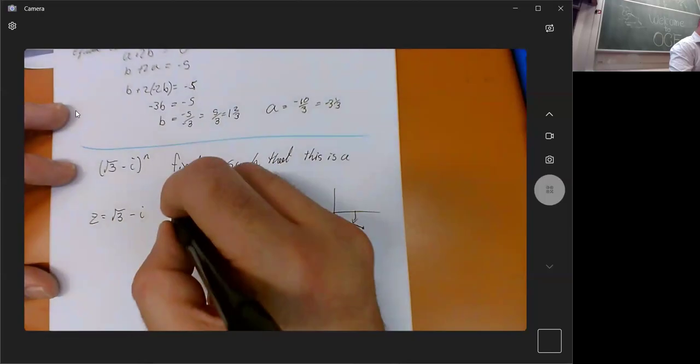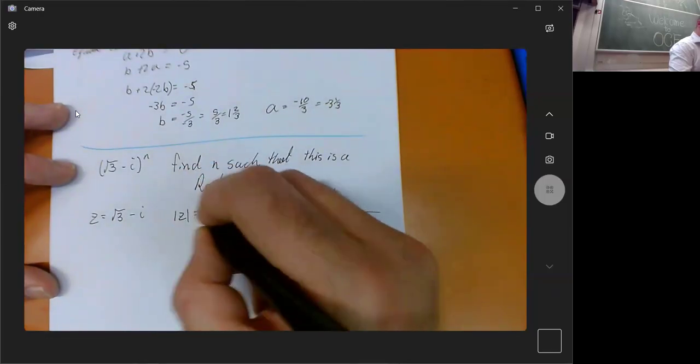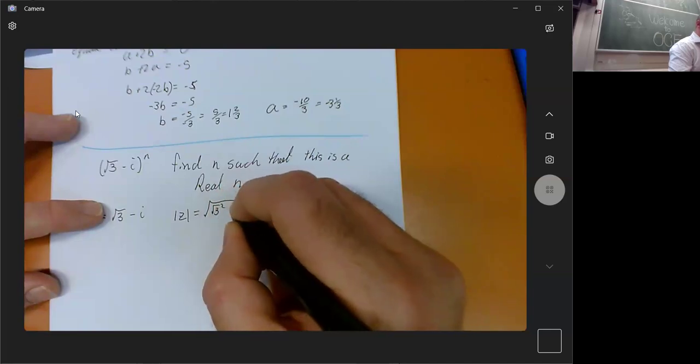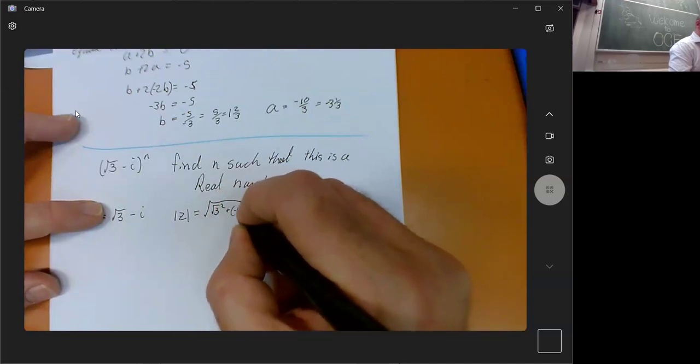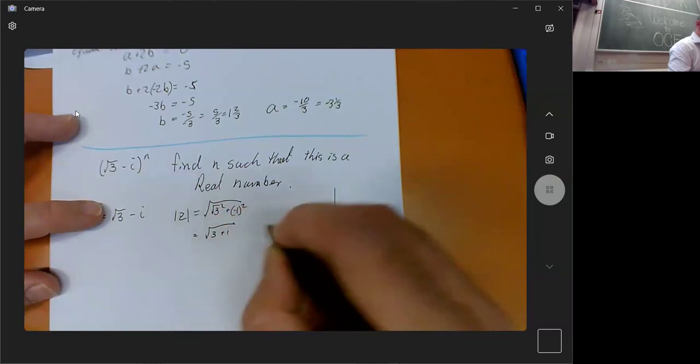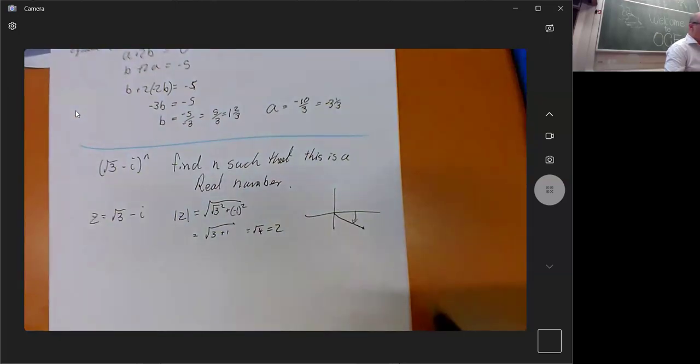The length of z is equal to the square root of (root 3 squared plus (-1) squared), which is the square root of 3 + 1, square root of 4, which is equal to 2. Yay, 2. Good number.